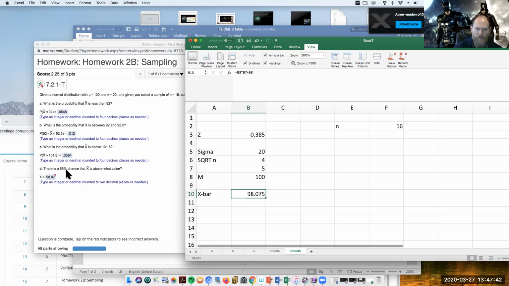We took the 65, we turned it into a decimal, we did a 1 minus to get the 0.35. Then we went into the z-table to see what z-score the 0.35 corresponds to. And then we put that into our equation and work our way back out.